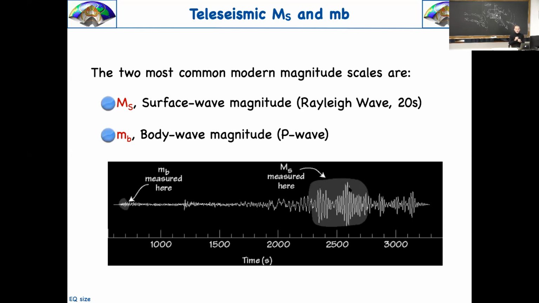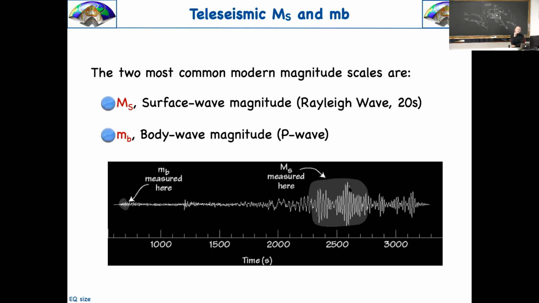So for a nuclear explosion, you should get much larger MB values than MS. And that's why sometimes MB is still used to distinguish between explosions or other sources and tectonic events. That's one factor that is causing the difference between MB and MS.